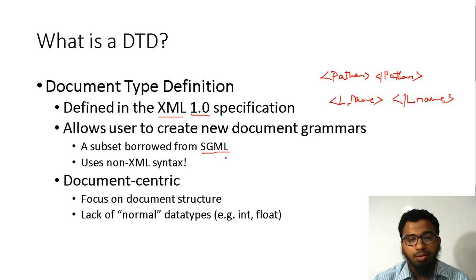It uses non-XML syntax, so DTD syntax is different and XML syntax is different. It is document centric, focusing on document structure, how the document is structured, and it lacks normal data types, for example int, float, double.